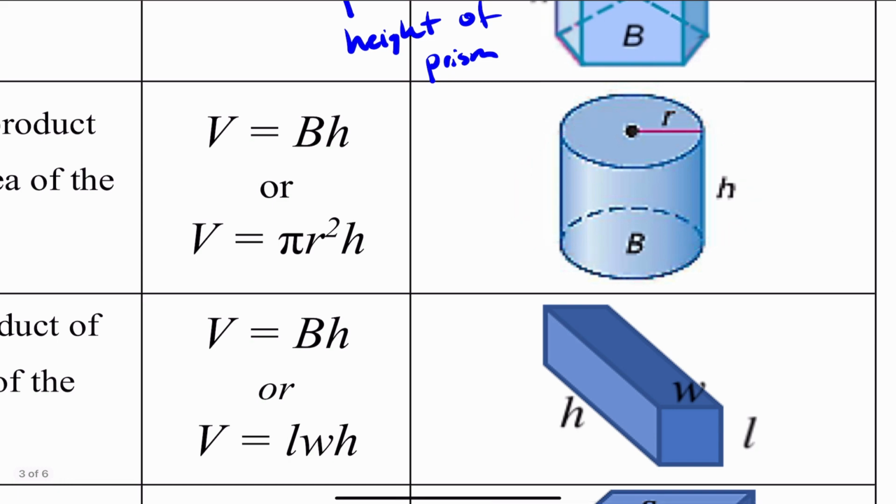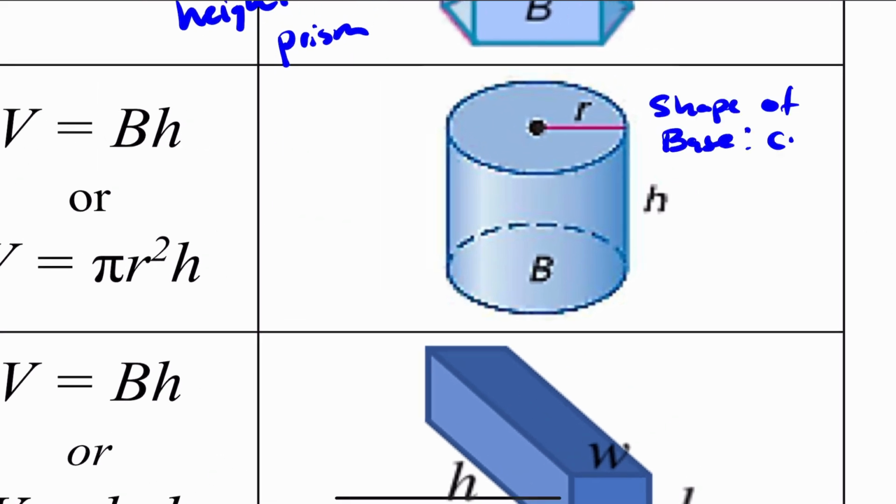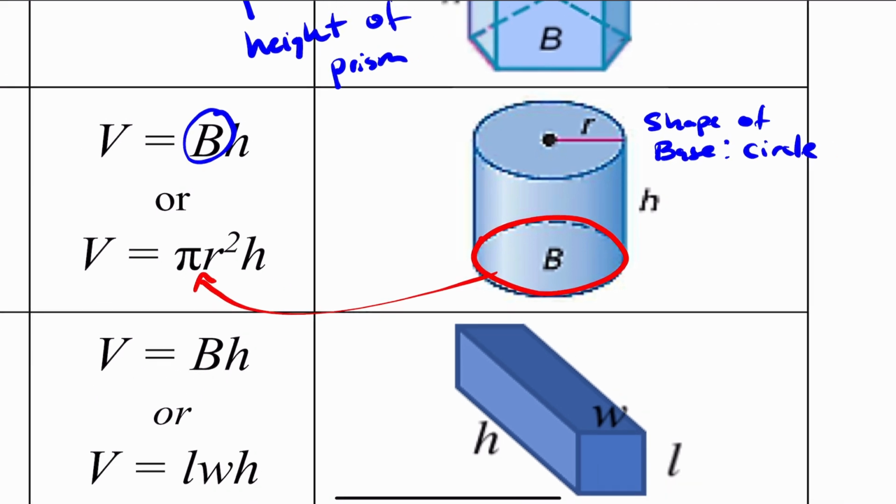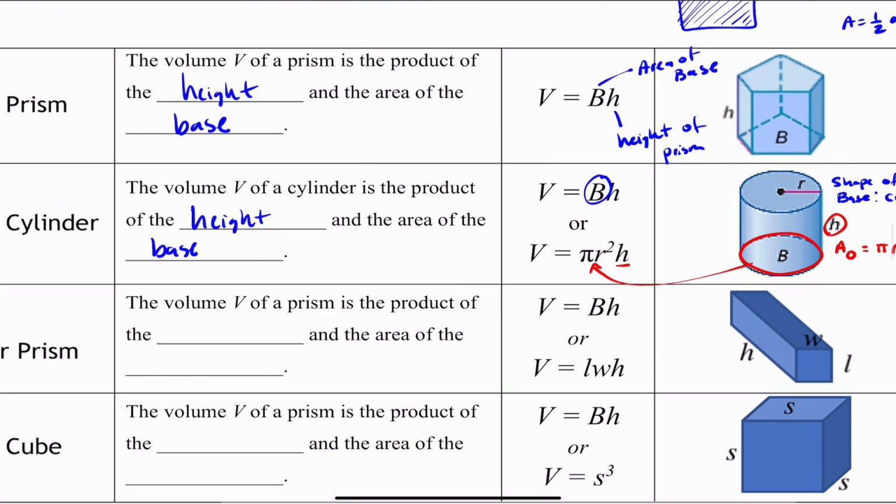If I look at this particular prism, which is a cylinder, the shape of the base is a circle. So if I want to find the area of the base, you're going to use A equals pi r squared. And once you have the area, you've got to multiply that by the height. So pi r squared times the height is how you find the volume.